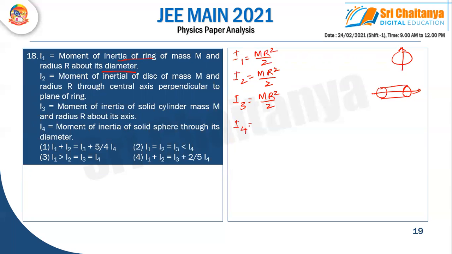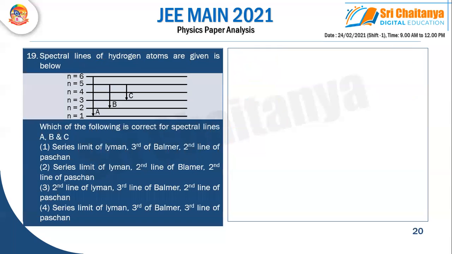Now for solid sphere, it is 2 by 5 mr square about its diameter. And when we look into these substitutions into various options that are given, we are going to get the first one as the right one. So we need to go for the various options and check for that. When you substitute, you are going to get the first one. Move on to the next question, please.